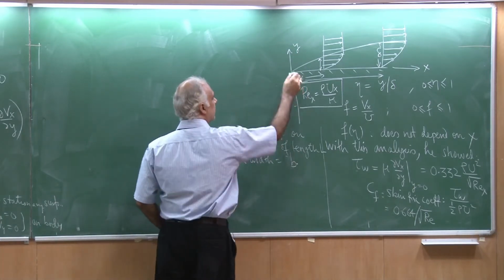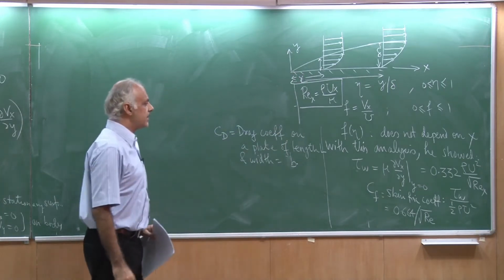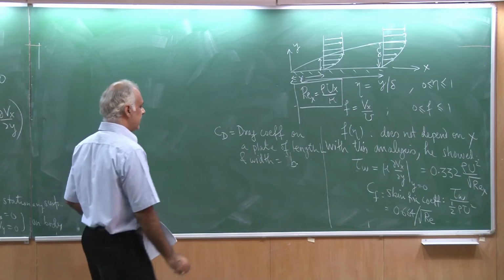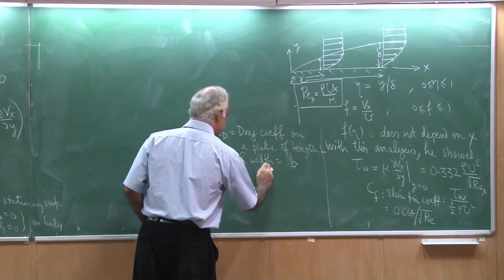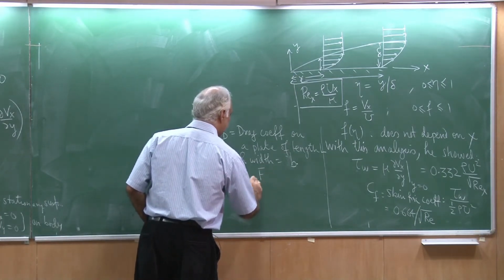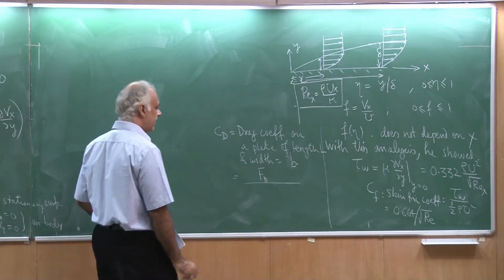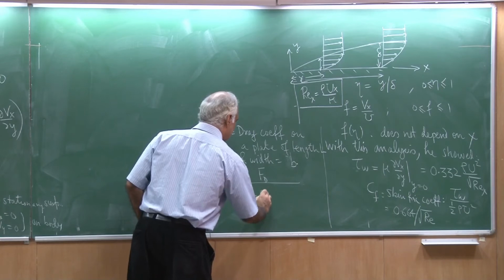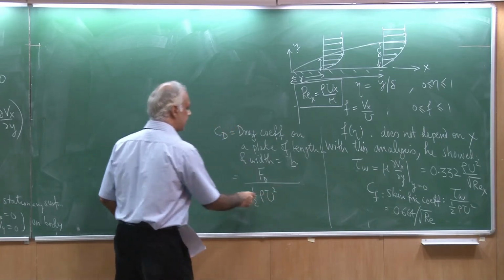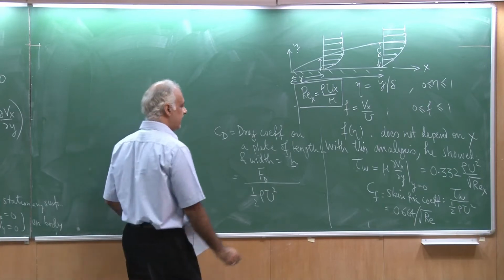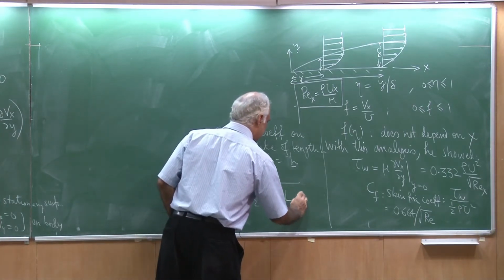So b is the depth of the plate inside the blackboard. Then this would be equal to the drag force that the plate feels, divided by half rho u square. So that's the dynamic pressure, non-dimensionalized with an area, and the area I would take as L times b.